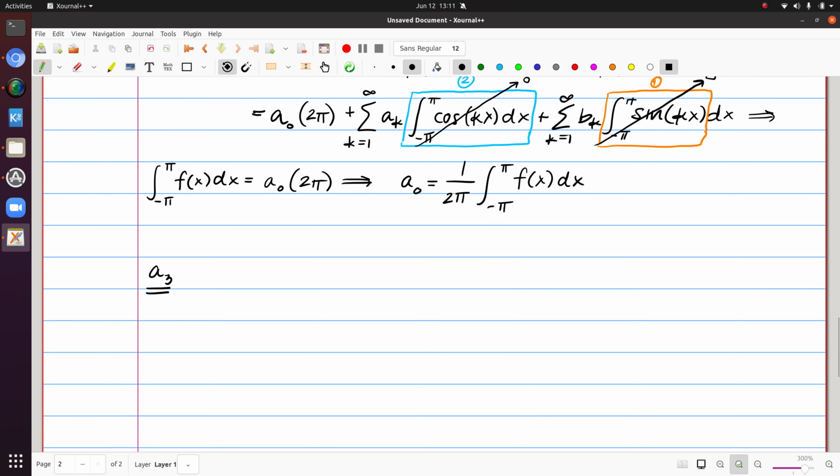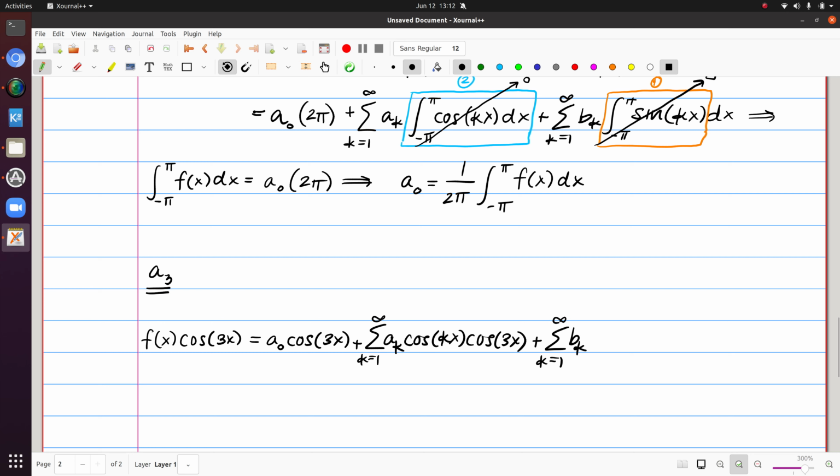So if we do that, the green equation, I multiply everything by cosine of 3x, then that's going to tell me that f of x times cosine of 3x is equal to a naught times cosine 3x plus the sum from k equals 1 to infinity of a sub k cosine kx times cosine 3x plus the sum from k equals 1 to infinity of b sub k sine kx times cosine of 3x.